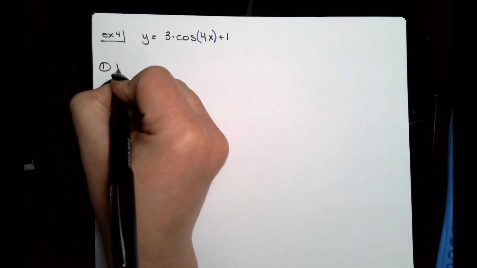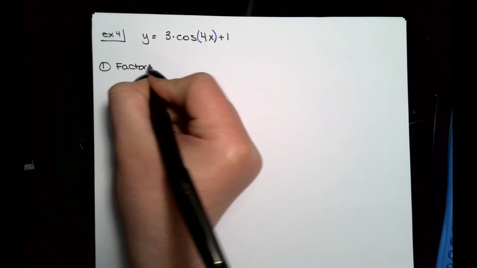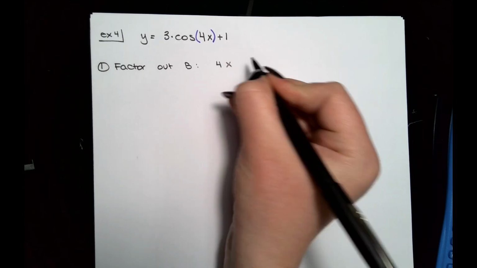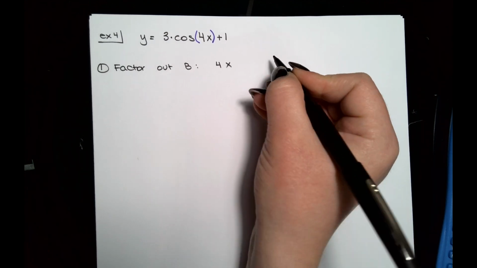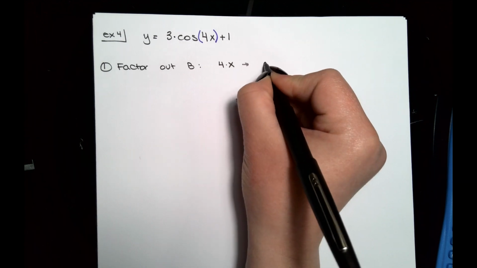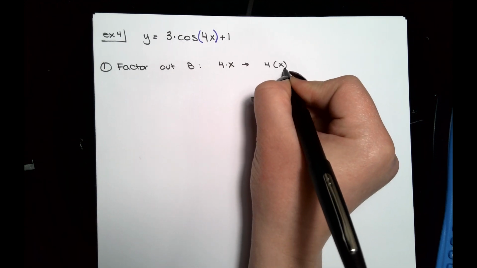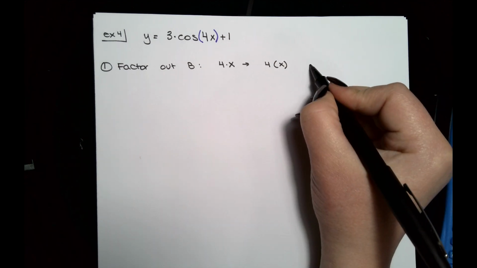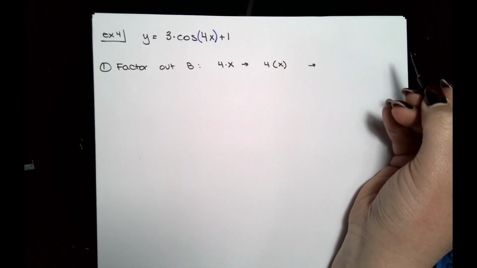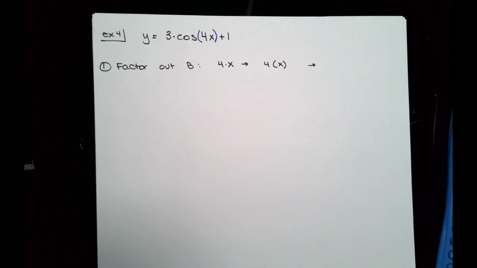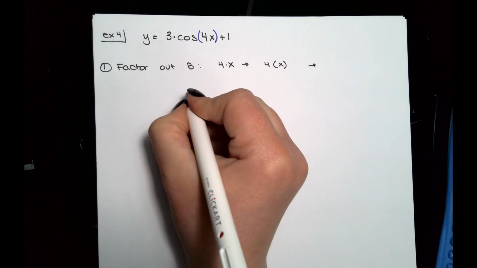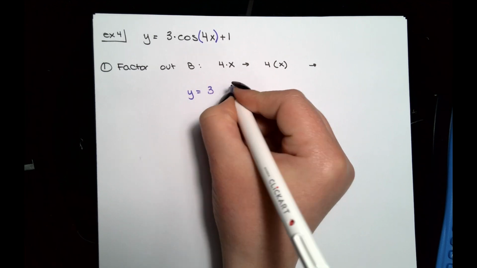Step 1, factor out b. Now, we have a 4x. If we factor out b, we have a 4x like this. There's no actual calculations because our h value is 0. We don't have an h value. So it is up to you if you want to rewrite it like this for our rewrite of the equation.